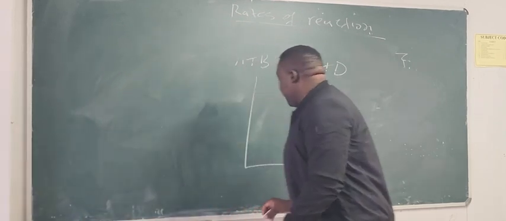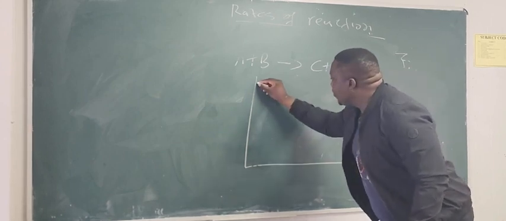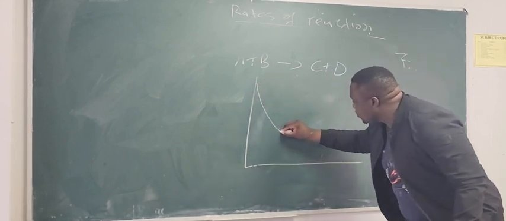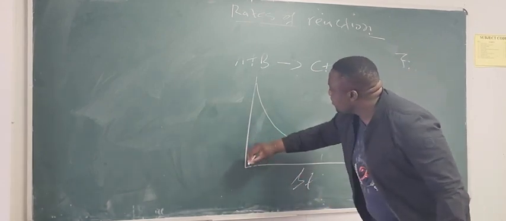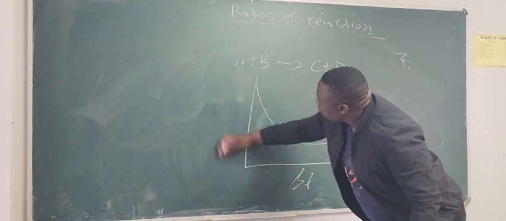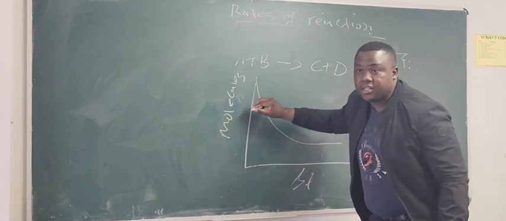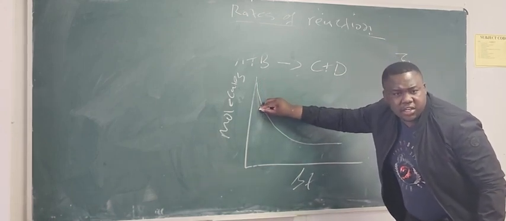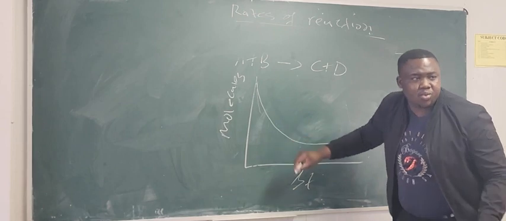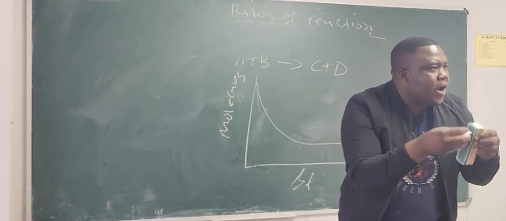So here is a graph. Look at the reactants. The reactants are doing what? They are decreasing. Let's say this is time, and this is moles, the amount of molecules. What is happening to the molecules of the reactants? They're decreasing, because when we take two things and mix them, those things will get finished. Why are they finished?